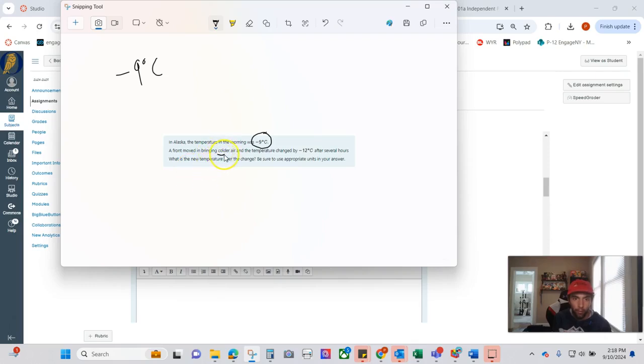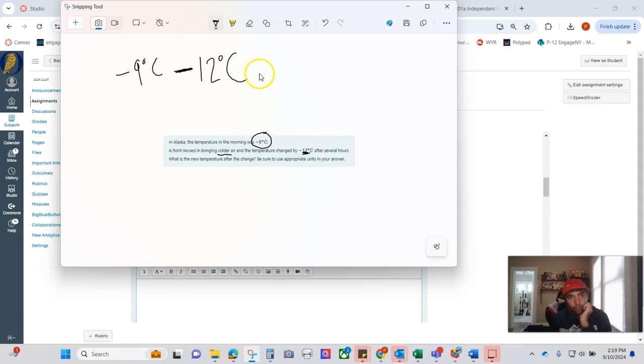I think it brings colder air. So that means we'll have a negative change, meaning we're minusing. And how much are we changing by? Oh, we're changing by 12 degrees. Changed by negative 12, so we went down 12.